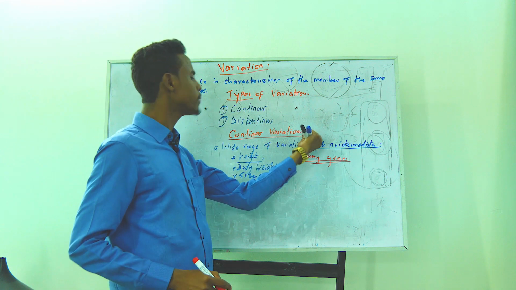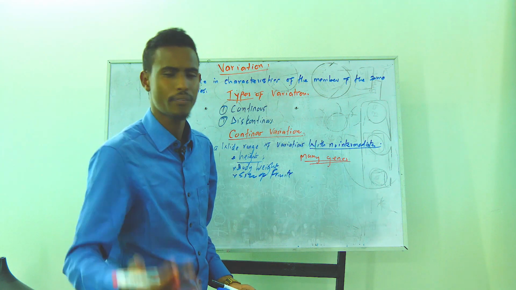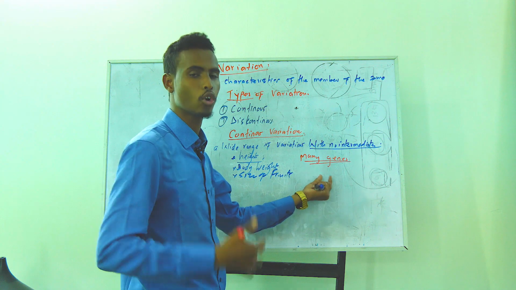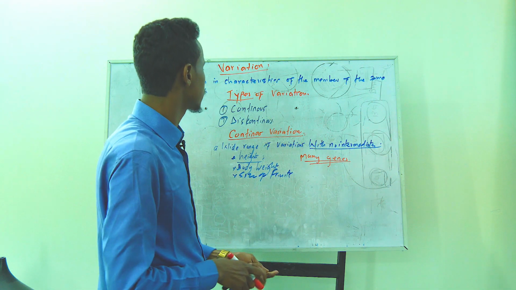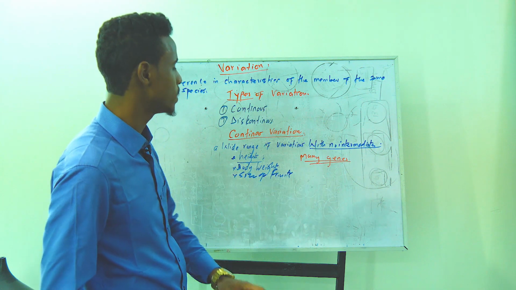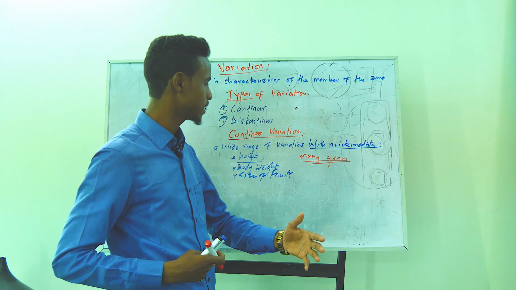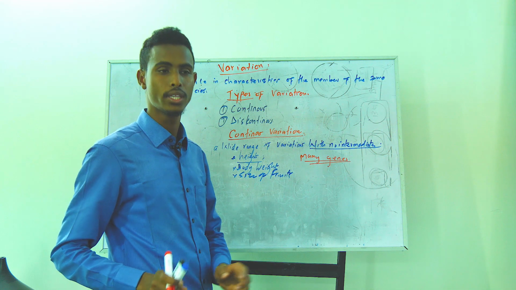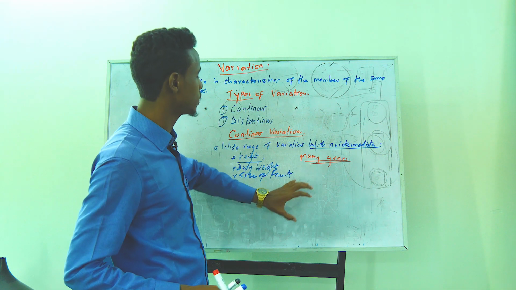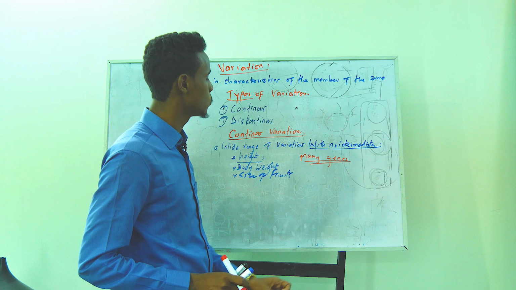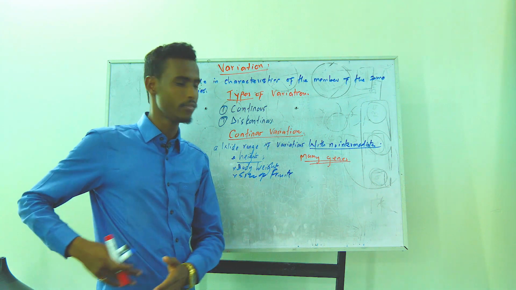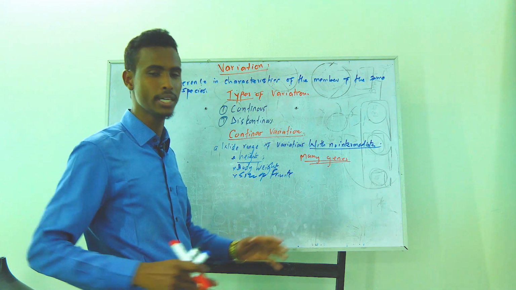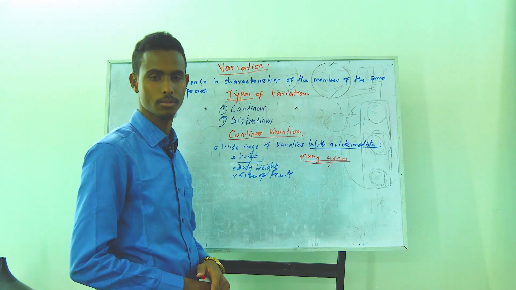Now, being a type of continuous variation, it is affected by multiple genes, or rather many genes. And therefore, if the two identical twins are subjected to different diets, such that one is fed with a good diet with sufficient nutritional value and the other one lacks, we are going to realize that the one which was given the better diet is going to grow big while the other one will not.